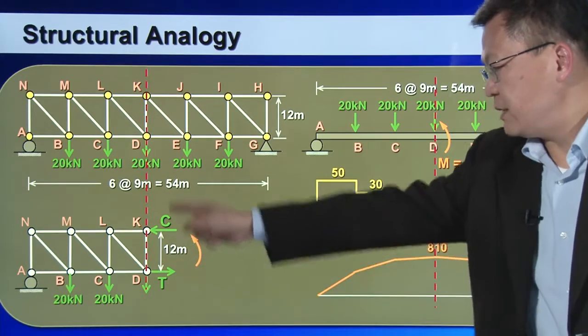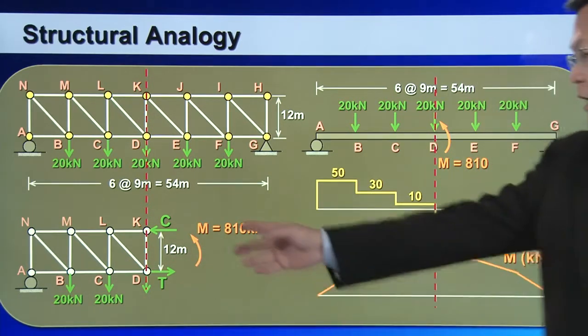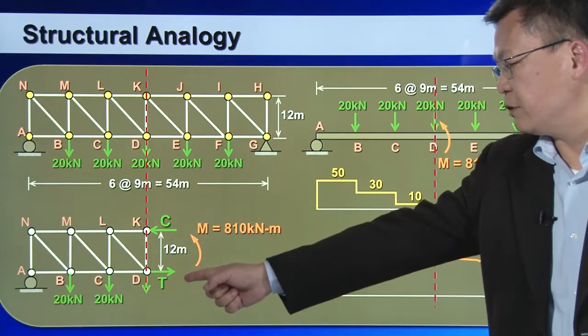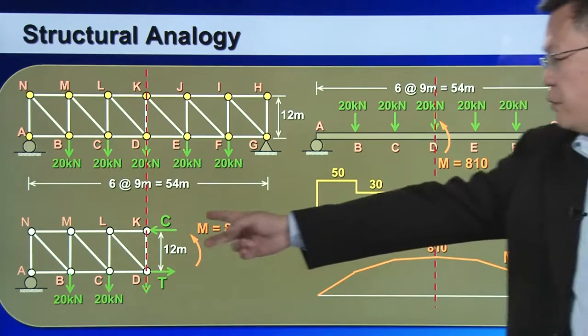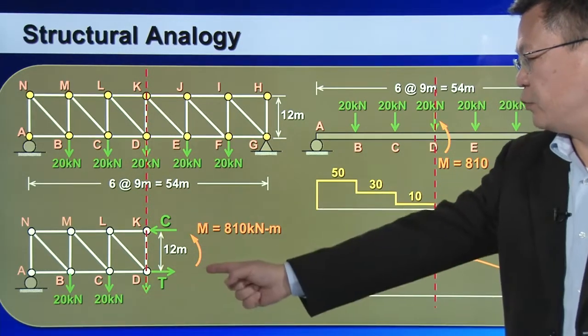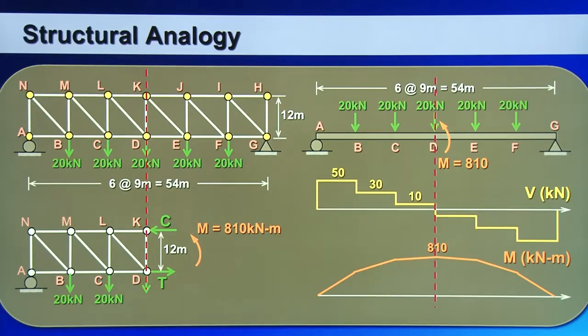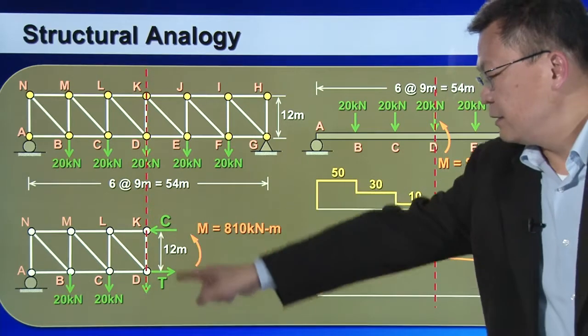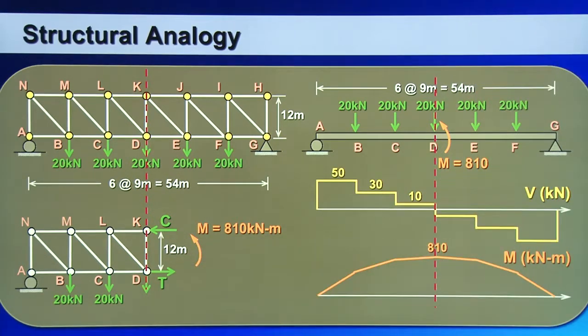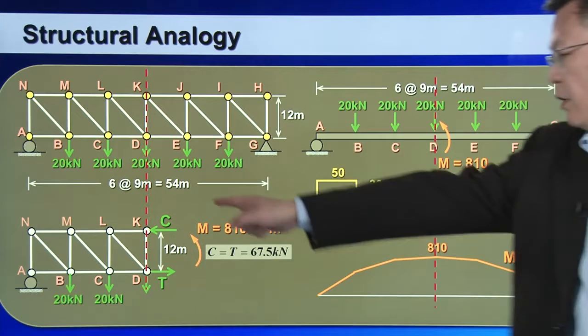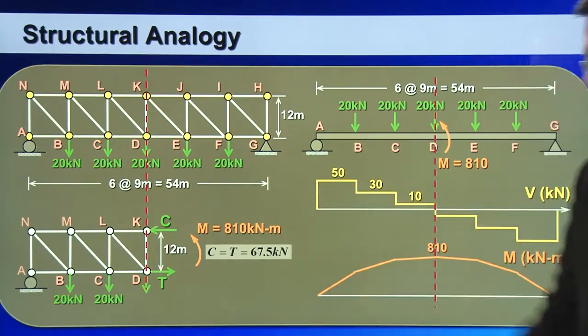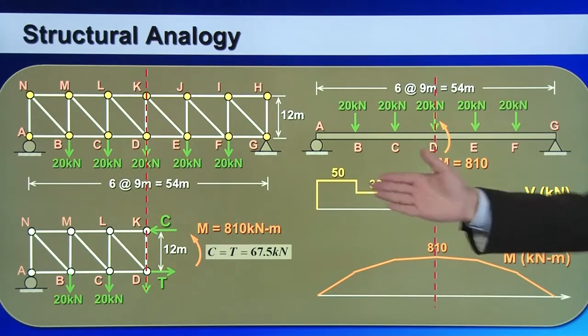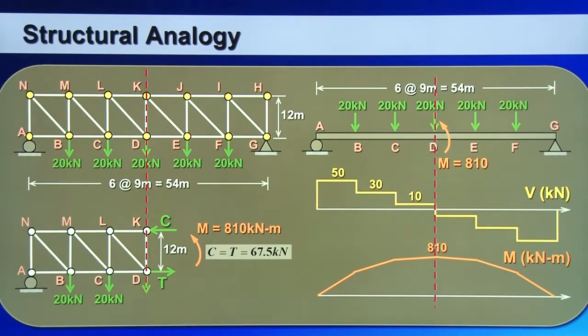There are two forces at that cross-section: the horizontal force C and the horizontal force T. This force couple resists the bending moment of 810. So you just take 810 divided by the length of 12 meters, and you get the magnitude of C and T, which is equal to 67.5 kilonewtons. So this is a concept called structure analogy.